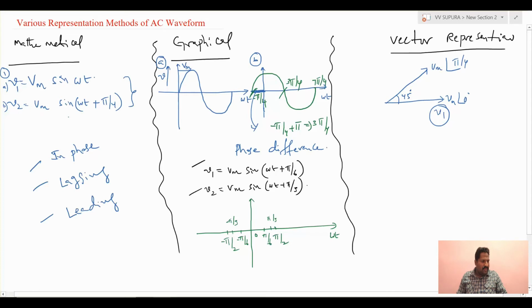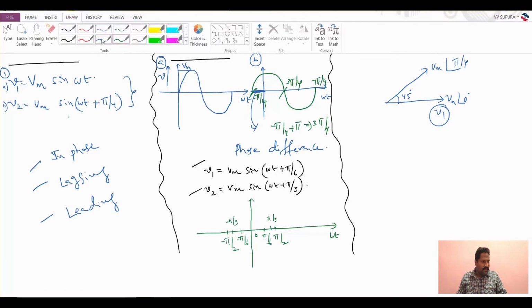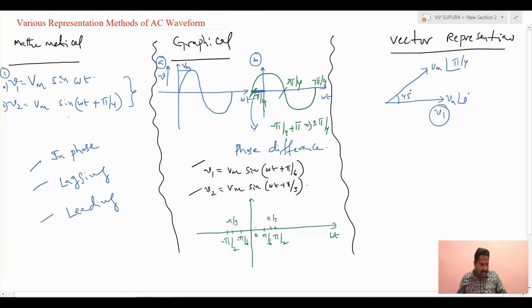I can represent the waveforms here. V1 will start at pi by 6, and V2 starts at pi by 3. It is not that accurate, but I can have a better idea.